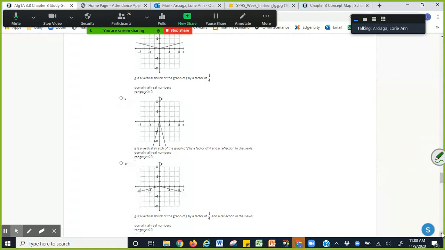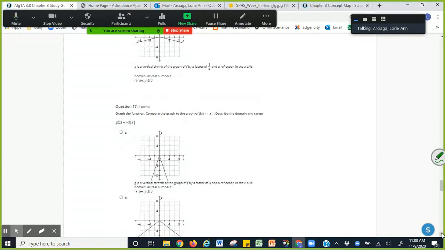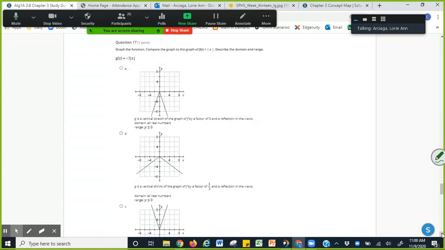Next one. Okay, we have 5 minutes. You could do this. Graph the function, describe the domain and range. Negative 3 times the absolute value of x. The negative means you have a reflection again, right? So it has to flip down.